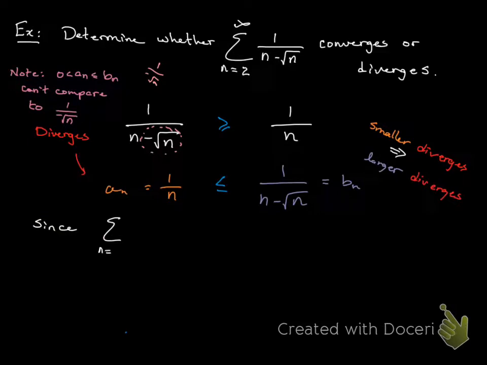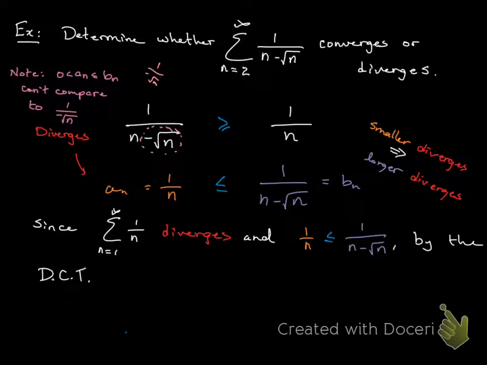So my punchline here: since 1 over n diverges, and 1 over n is smaller than 1 over n minus square root of n, by the direct comparison test, my series 1 over n minus square root of n should also diverge. Okay? So it's a little tricky. It is really fast if you can see what the correct series to compare to is. It takes a little bit of time to get used to.